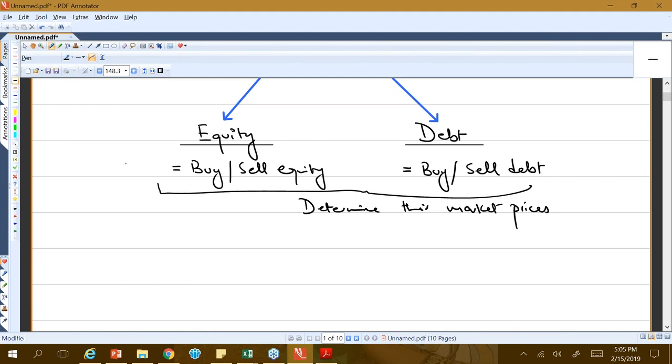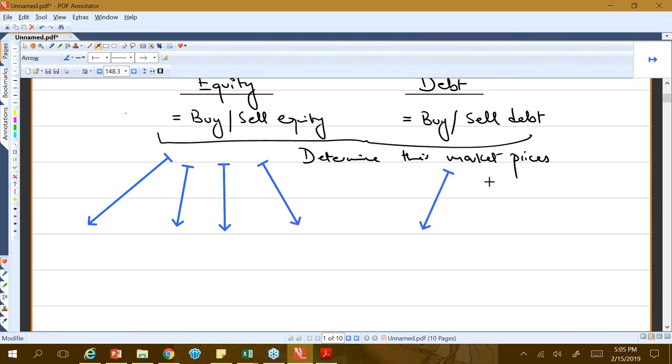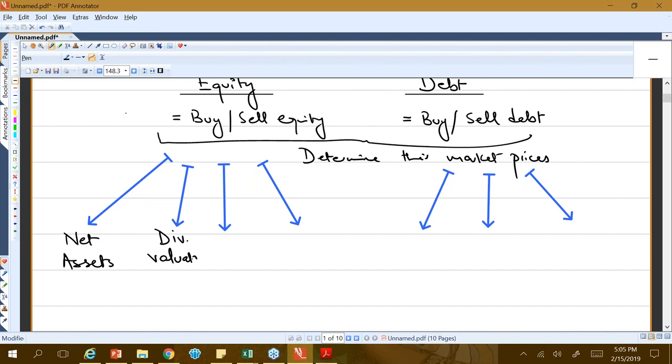Now, there are a lot of techniques involved here. So I'll just do a little overview first. Within equity valuation, we look at 4 things. And within debt valuation, we'll look at 3 things. Within equity valuation, we'll look at ways like net assets. We'll look at the dividend valuation model.